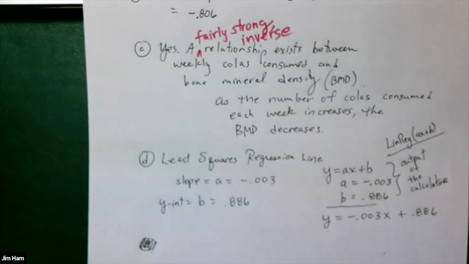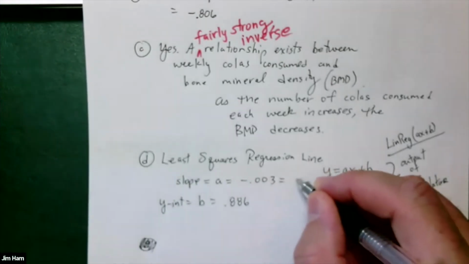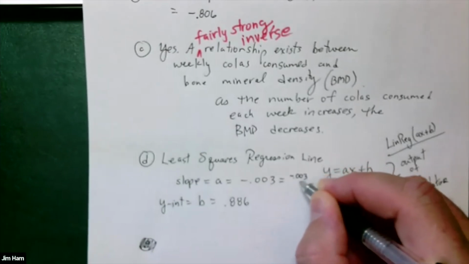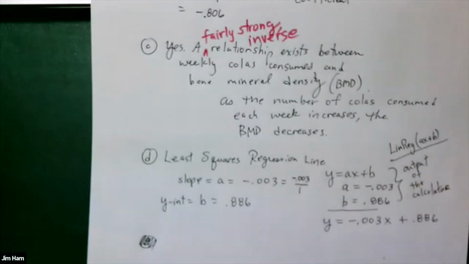And in order to effectively interpret the slope, you have to use the units and the values of an x and a y. And so the slope is the rise over run, or the change in y over the change in x. So I'm going to write negative 0.003 as a fraction. You can always do this by just putting a 1 underneath the decimal number.